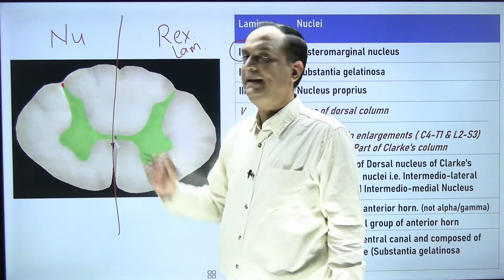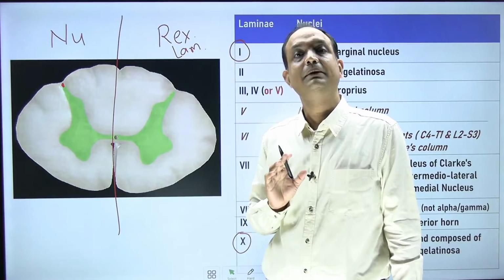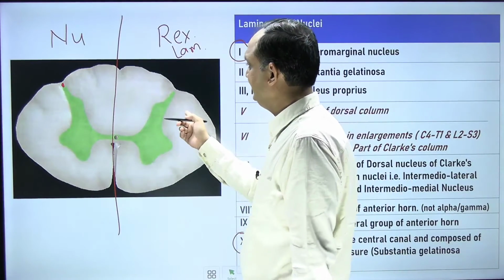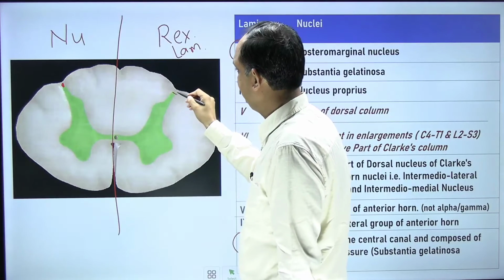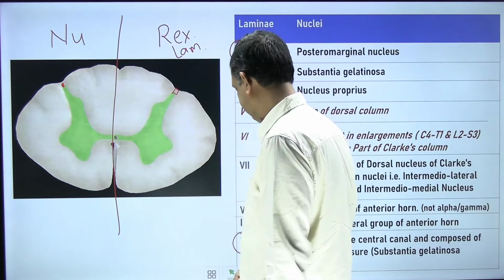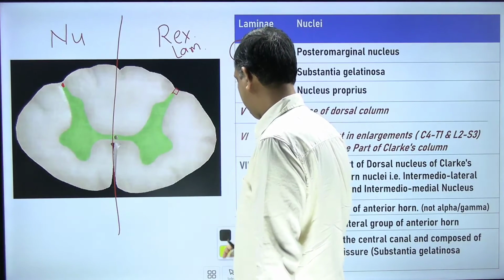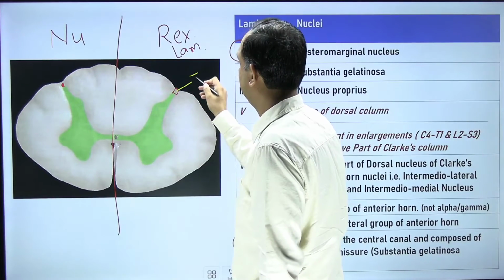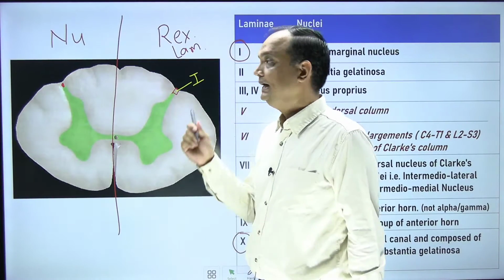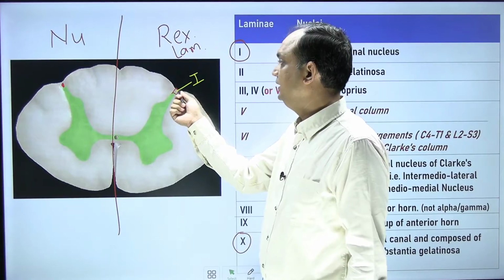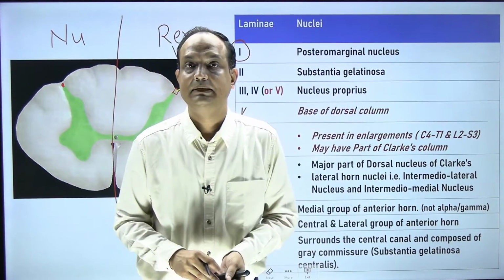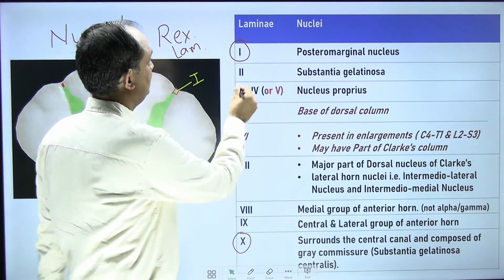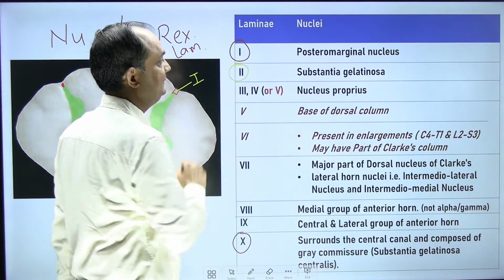This apex has the marginal nucleus. On this side, rather than writing marginal nucleus, I am just making a block and writing 1. So this is Rexed lamina 1, and it denotes the dorsomarginal nucleus of the gray matter. Clear?